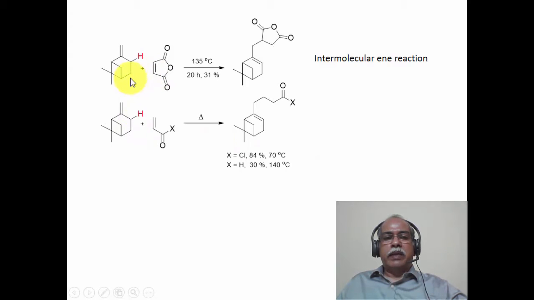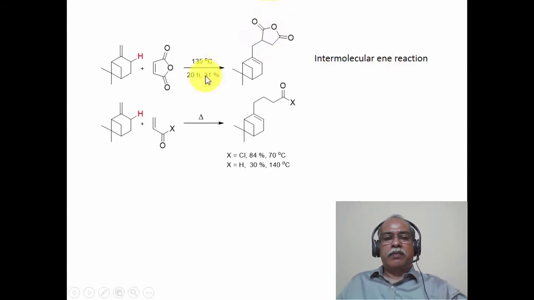Now here is an example of beta pinene undergoing an ene reaction with maleic anhydride in one instance and with acrolein and acryloyl chloride in the next reaction, which is shown here. The hydrogen that is shown here is the one that is undergoing the ene reaction with the formation of a carbon-hydrogen bond, resulting in the saturation of this double bond and forming a carbon-carbon bond between the maleic anhydride and the terminal position of this particular carbon here, resulting in the formation of the substituted maleic anhydride.